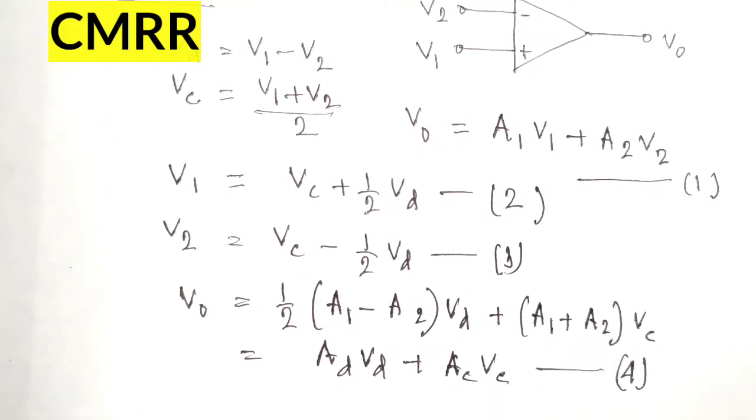AD is the differential gain, the voltage gain for the difference signal, and AC is that for the common mode signal.